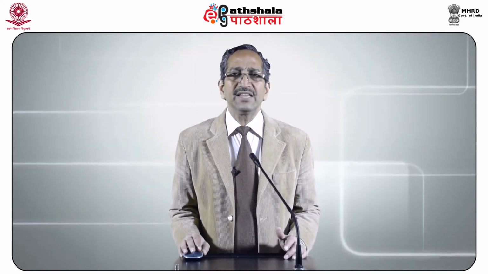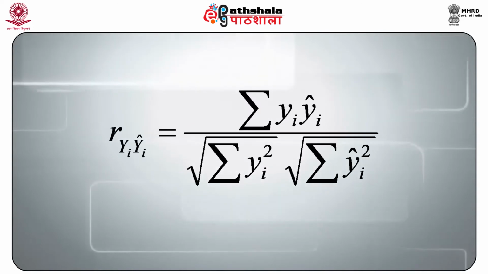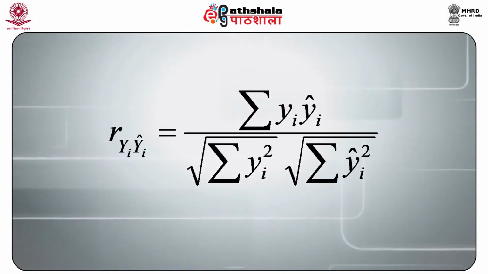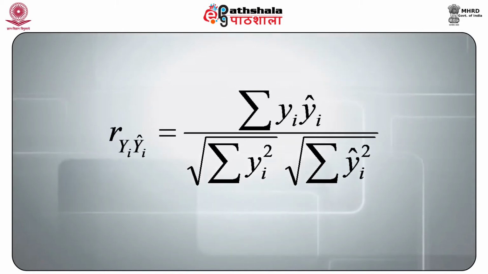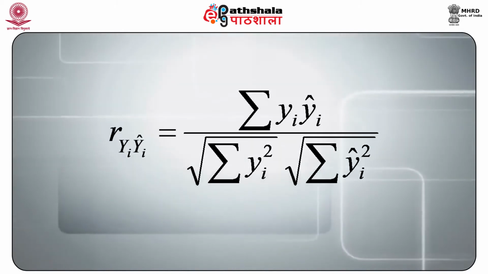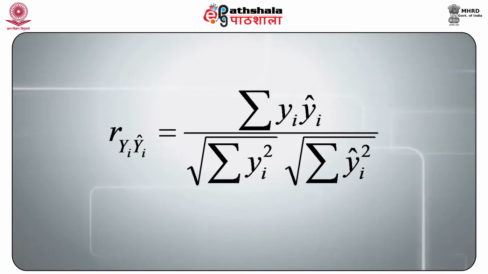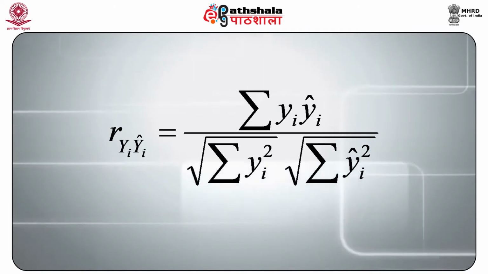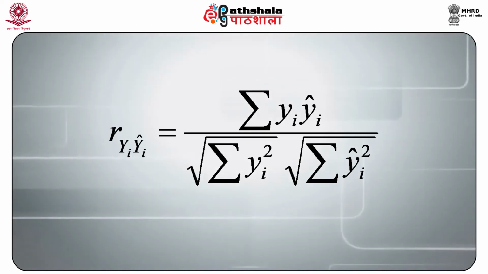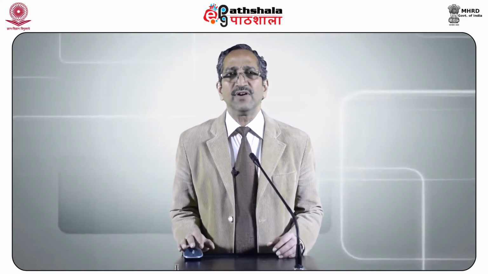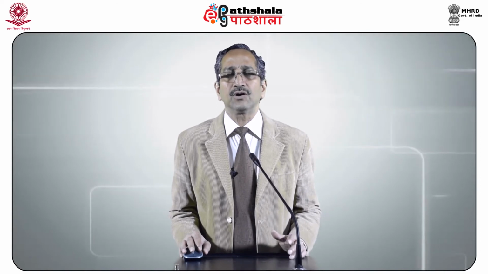Therefore, we can rewrite this as R is equal to summation small yi into small yi hat upon the square root of summation small yi square into the square root of summation small yi hat square, where the symbols have their usual meaning, which we have explained earlier, that these small letters are the deviations from their arithmetic mean.